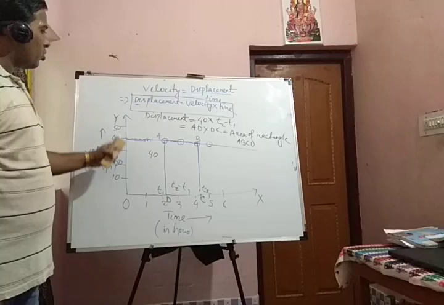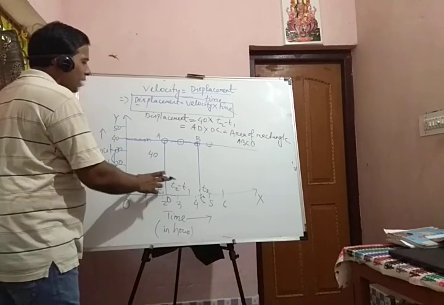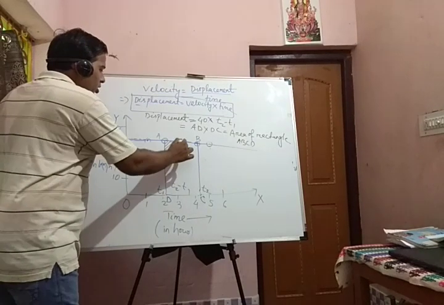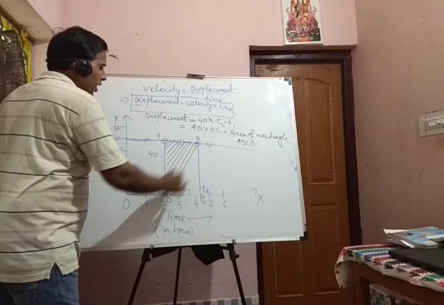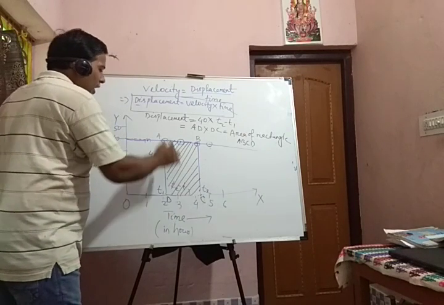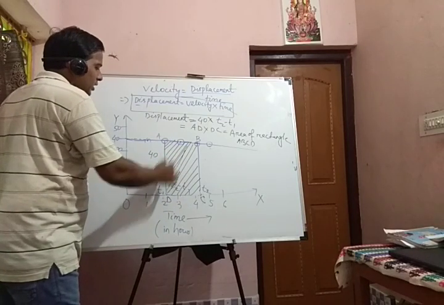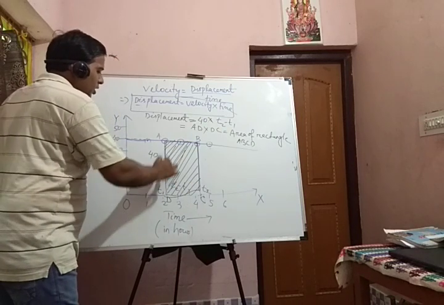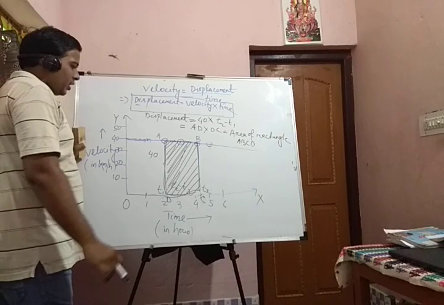So in this case, when the body is moving with uniform velocity, the displacement can be calculated by calculating the area of the rectangle ABCD, or the area enclosed by the graph with the time axis, the x-axis. This area represents the displacement of that vehicle. Okay.